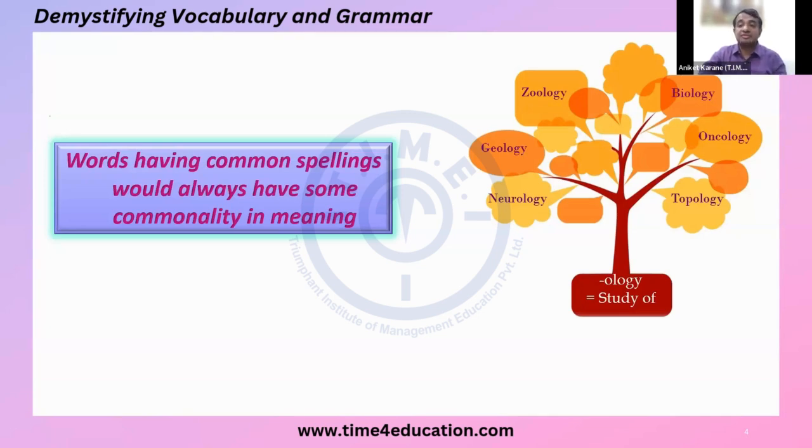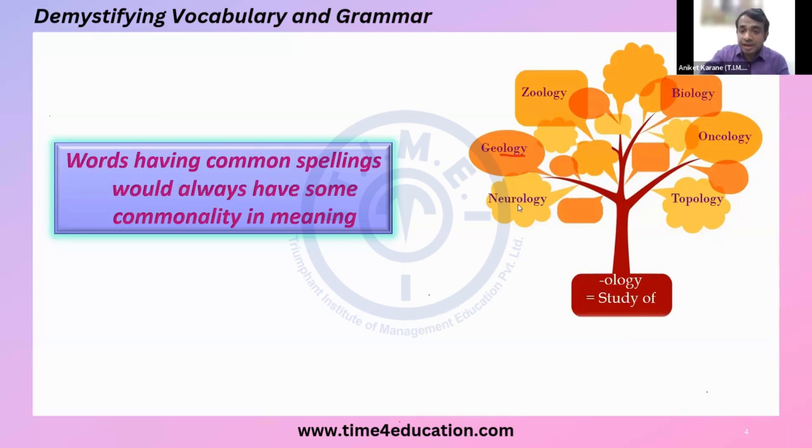So study of living organisms. Right? Then you have your oncology. Onc is cancer. So study of cancer. Topology, topography. So topo is the surface. So study of the earth's surface or the study of the construction surface, size, all those. Okay. So ology is the common theme here.